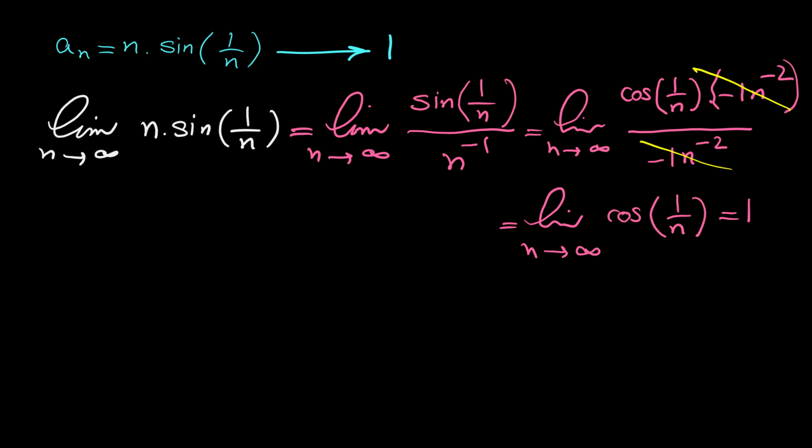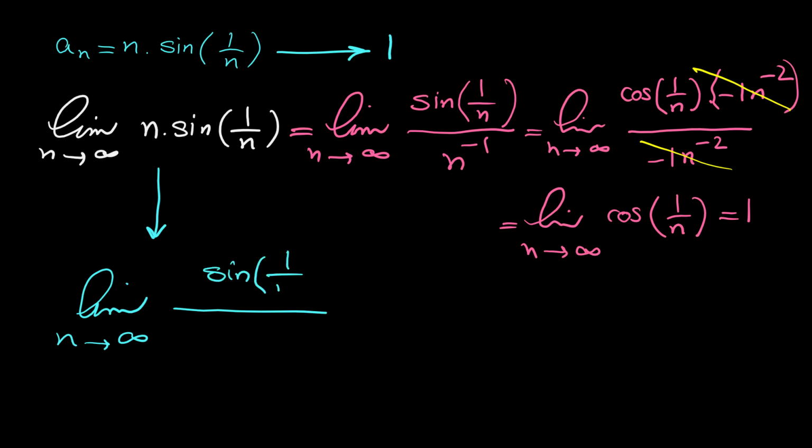The other way that you can use for finding this limit is to rewrite it again in the form of sine of 1 over n over 1 over n. Attention, 1 over n is n to the negative 1, but now I prefer to write it in the form of 1 over n.